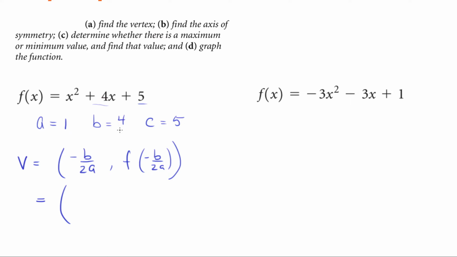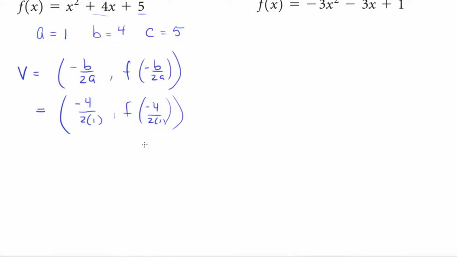Negative b over 2a is going to be negative 4 over 2 times 1, comma, f of negative 4 over 2 times 1. Now, negative 4 over 2 is negative 2, f of negative 2.